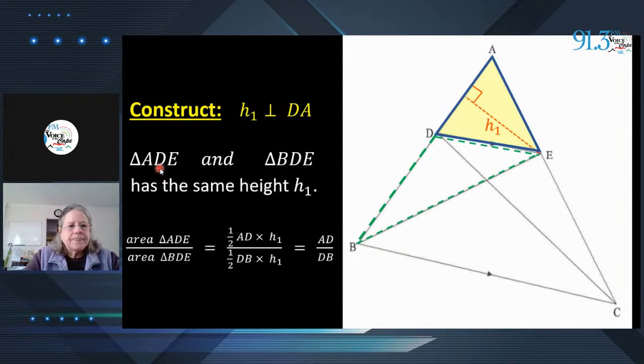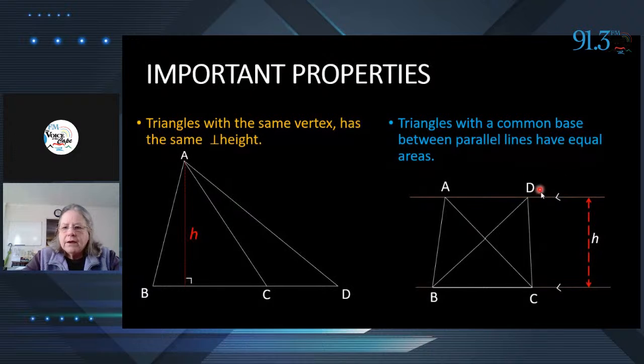Now, this is where you need to latch on to my previous slide. If we look at triangle ADE and we look at triangle BDE, can you see we have the setup? I'll just go back. We have this setup, and that is what you need to understand when you study this theorem.